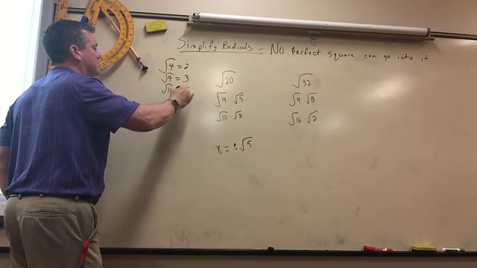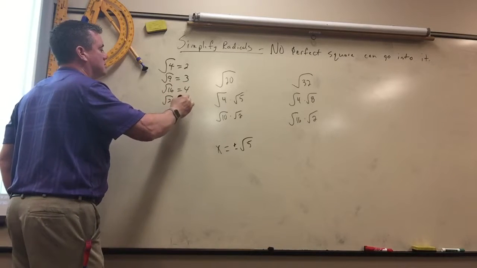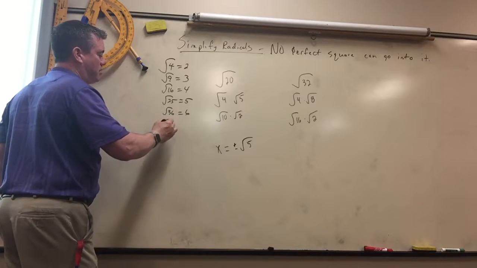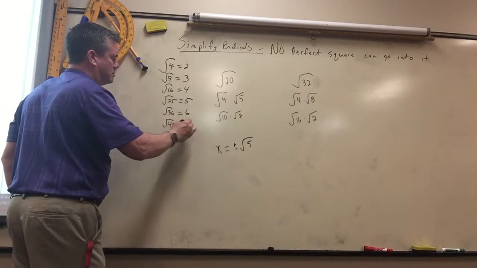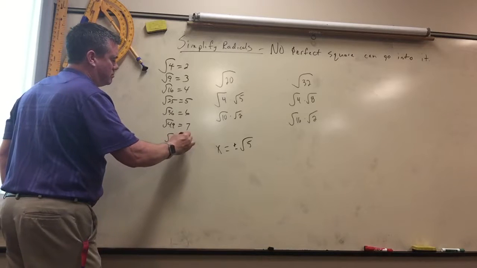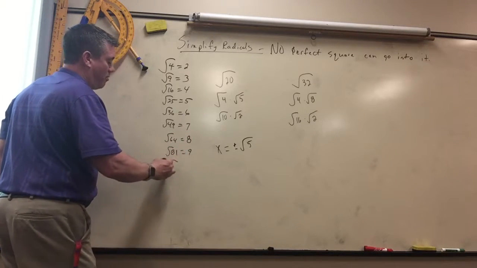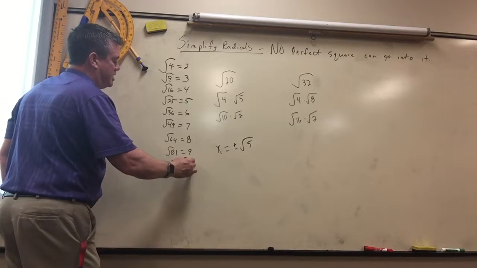You guys all know the perfect squares? 5 times 5, 6 times 6, and so on. Here's the first 10, which are easy to remember.